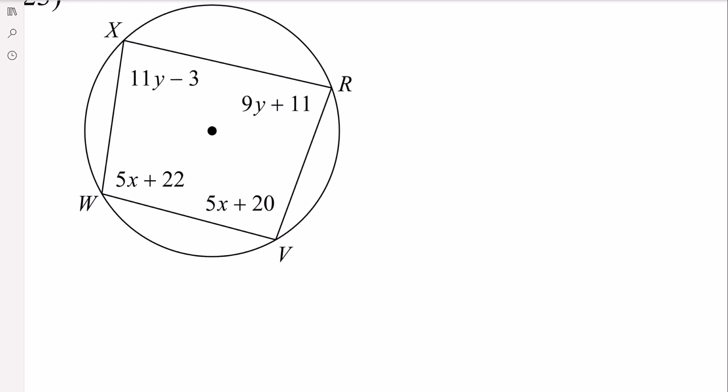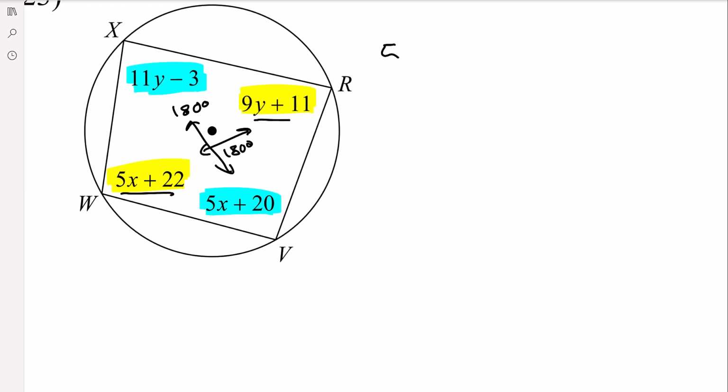Okay. So now we know that these two add up to 180, and we know that these two add up to 180. And in each set, one has an x, one has a y. But if this set equals 180 and this set equals 180, then those two sets equal each other. So I'm going to start with this set.